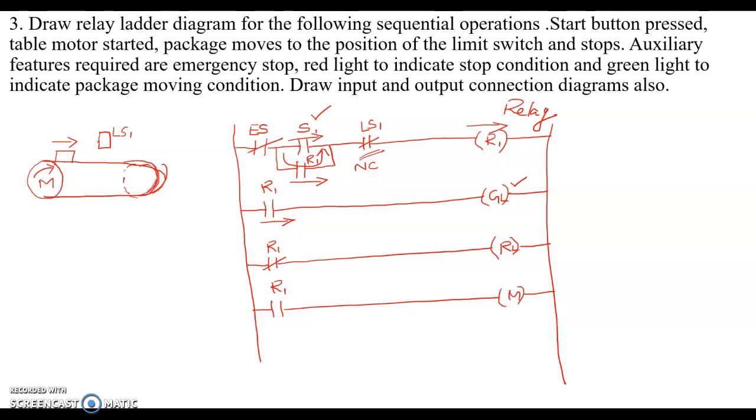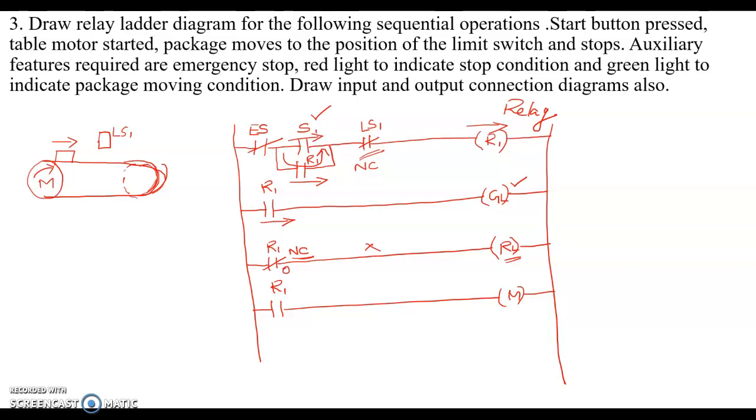And on the other hand, we are using a normally closed switch from R1 to connect with the red light. This RL is representing the red light. So when R1 is charging or R1 is switched on, this will change from normally closed to open. So it is now not conducting.